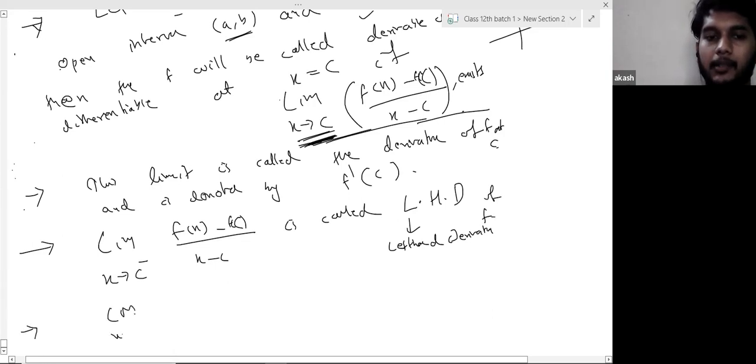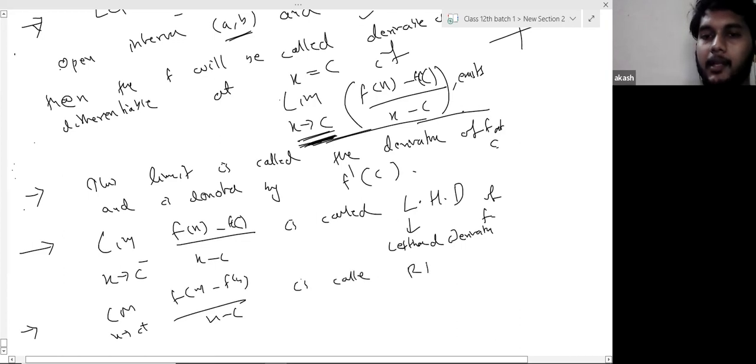All right, and limit x tending to c plus of f(x) minus f(c) upon x minus c is called RHD. RHD means right hand derivative. Here we do not say LHL or RHL, we say LHD and RHD. Rest of this, the concept is same.